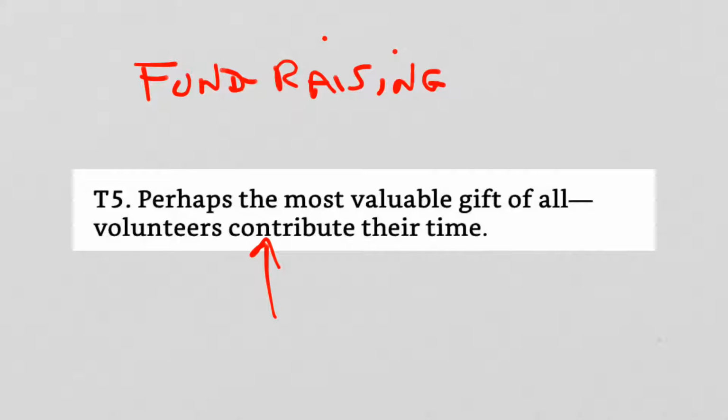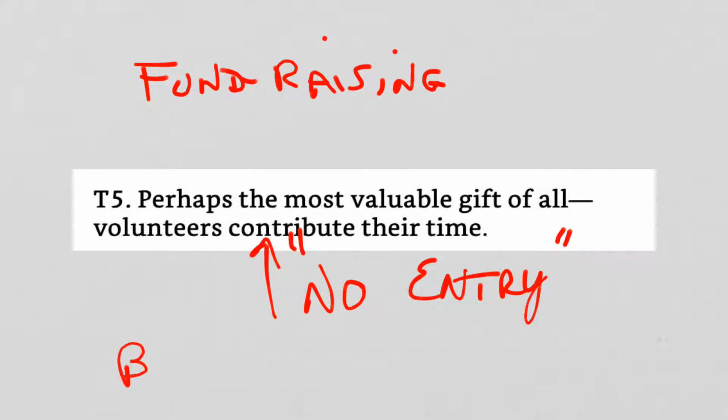And so these would not be debited or credited. There's no entry for these kinds of volunteer activities, because we can't say first that it's a budgeted line item that we would have otherwise paid for.